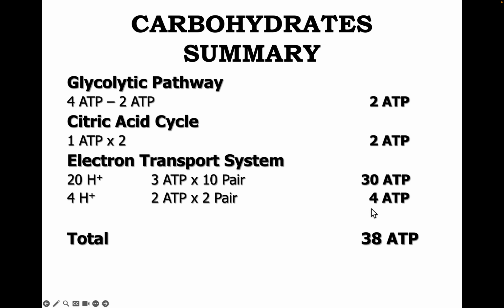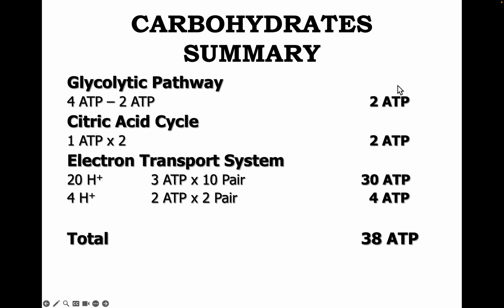So here's a summary of the usage of ATP and the creation of ATP when we break down carbohydrates throughout the aerobic energy system. What's important to note here is not so much the exact numbers. I don't need you to know that. But what I do want to point out is how much more energy is created by breaking down carbohydrates aerobically.